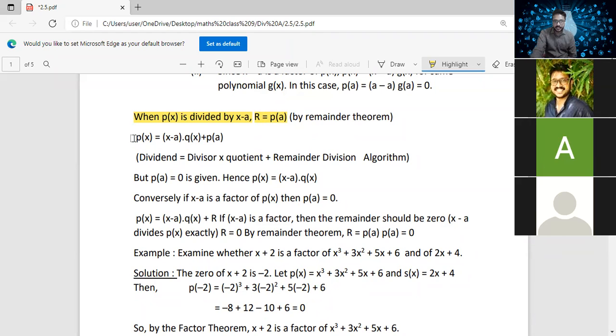So what can we write? We can write p of x is equal to x minus a into the quotient q of x plus the remainder, which is p of a. We can write it like this from the remainder theorem. That is, dividend is equal to divisor into quotient plus remainder. This is using the division algorithm.